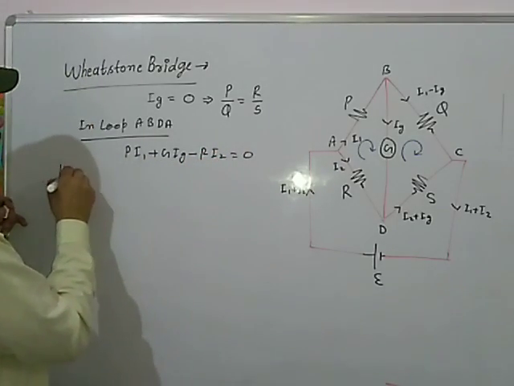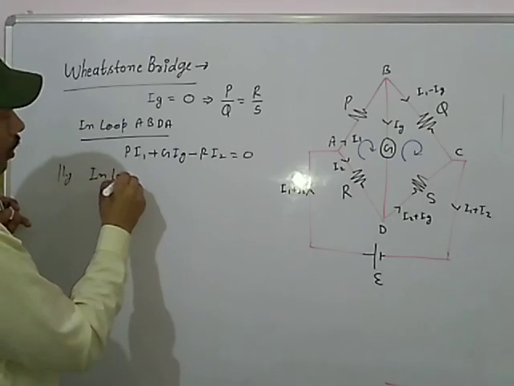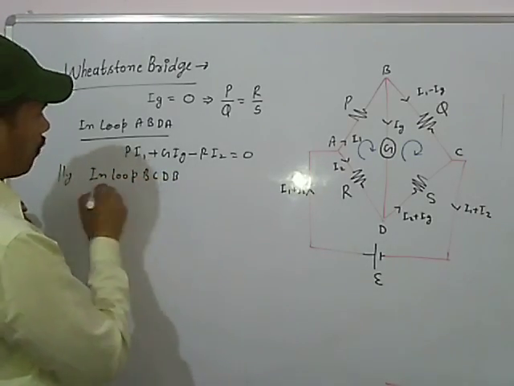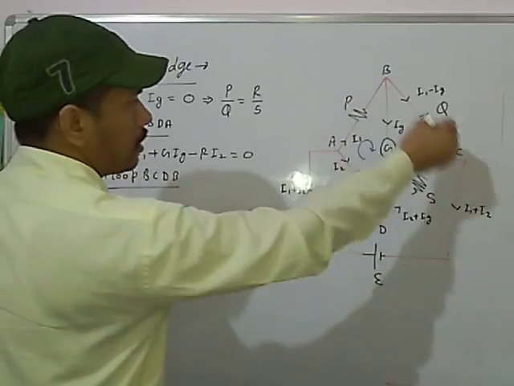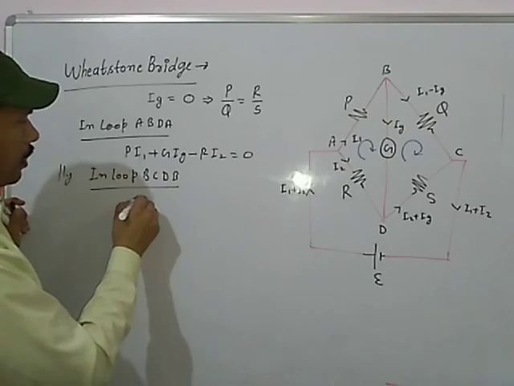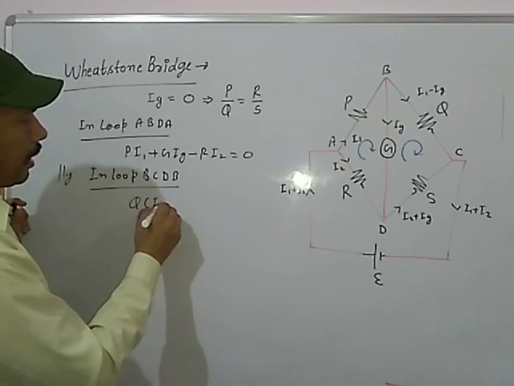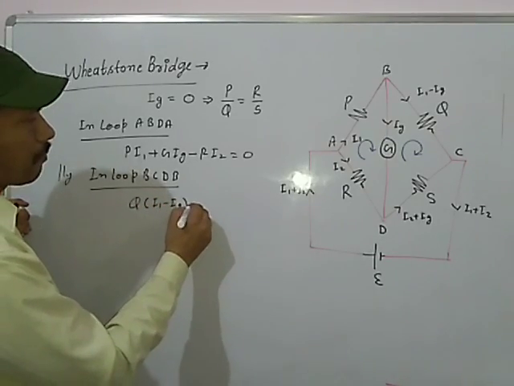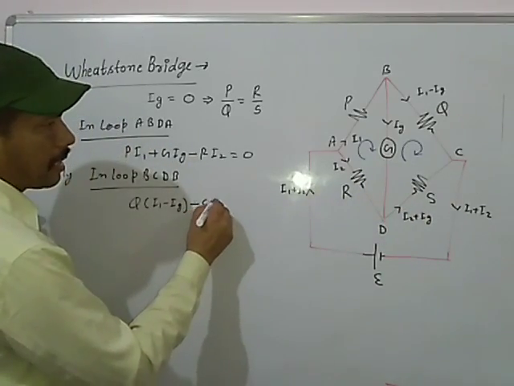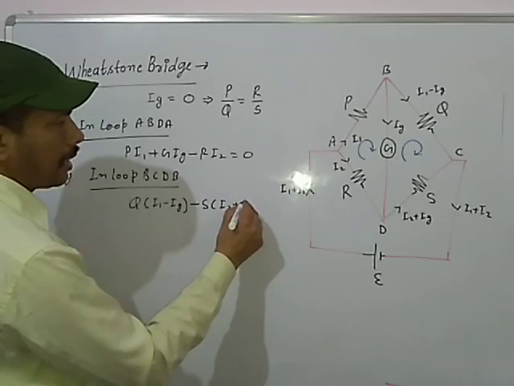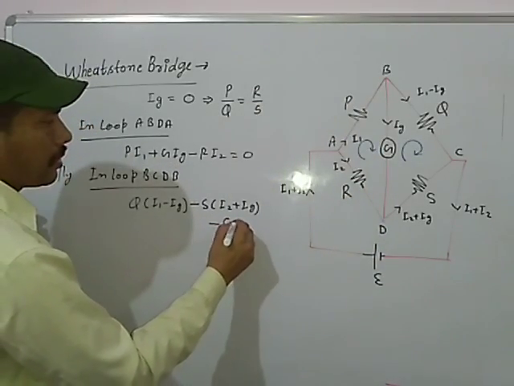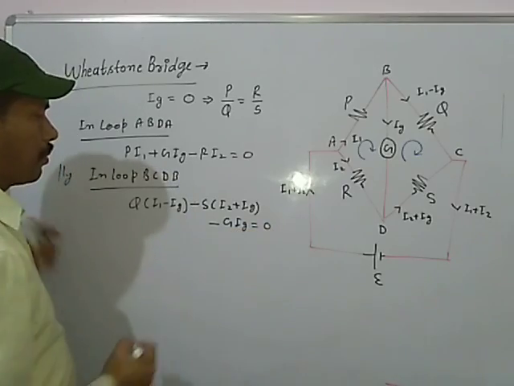Similarly, in loop BCDB, going from B to C, it will be Q I1 minus IG, then minus S I2 plus IG. After that, going this way, again minus G IG is equal to 0.